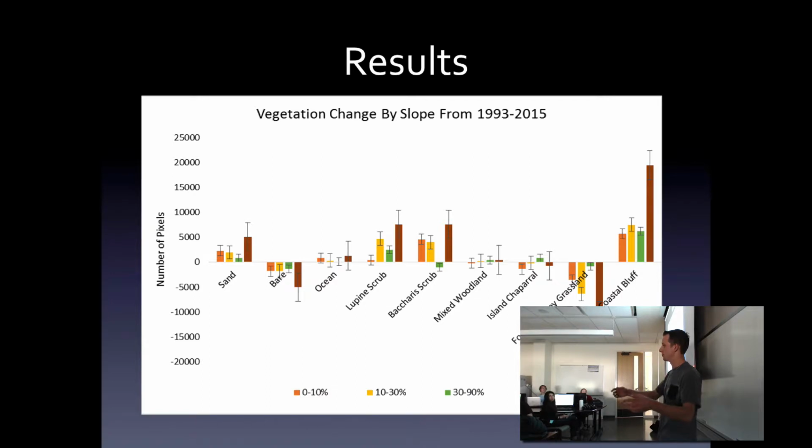By extracting the pixels from 93 to 2015, I can see the difference in how many pixels are in each map, and from that, I can convert it to kilometers squared. So this graph shows that vegetation is increasing for sand and for scrub and coastal bluff and things like that, and we're actually seeing a decrease in bare ground and the largest decrease in foothill valley grasses.